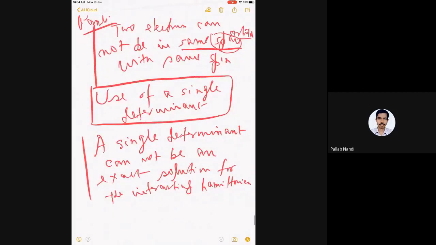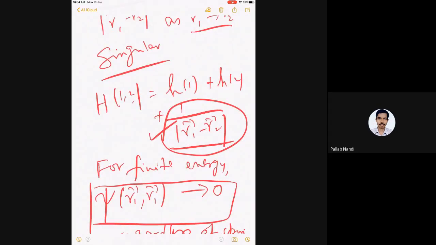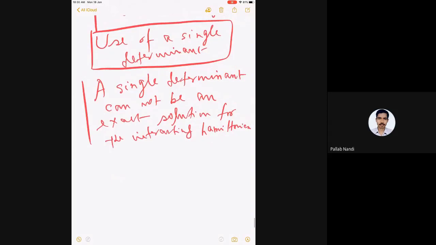It is okay for a non-interacting Hamiltonian. And for a non-interacting Hamiltonian, this problem is not there, because in a non-interacting Hamiltonian, this term does not exist. So the argument that at R1 tending to R2, this becomes singular, does not exist. This exists only for the interacting Hamiltonian. And for the interacting Hamiltonian, I have been saying that while the Pauli principle is valid, while antisymmetry is valid, a single determinant cannot be an exact solution. And I have told you a case where there can be a sum of two determinants, which is still antisymmetric, as a solution.